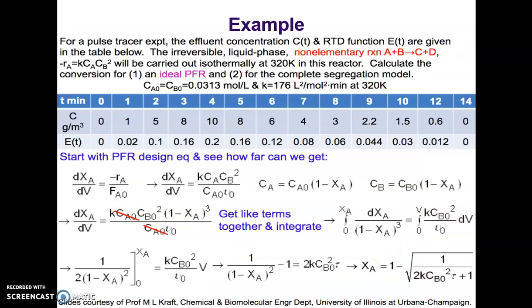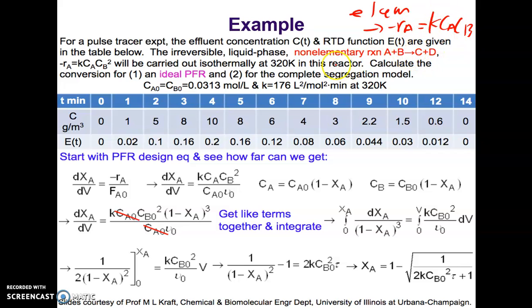So this is an example involving data. This is non-elementary. I hope that you know what is non-elementary. Non-elementary means that your reaction order is not the same as the stoichiometric equation, right? If elementary, you will have your reaction rate as negative RA equals k CA CB.